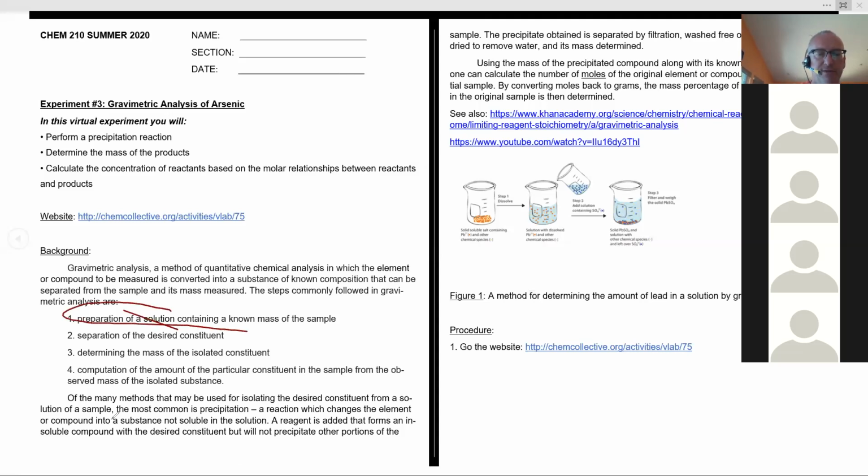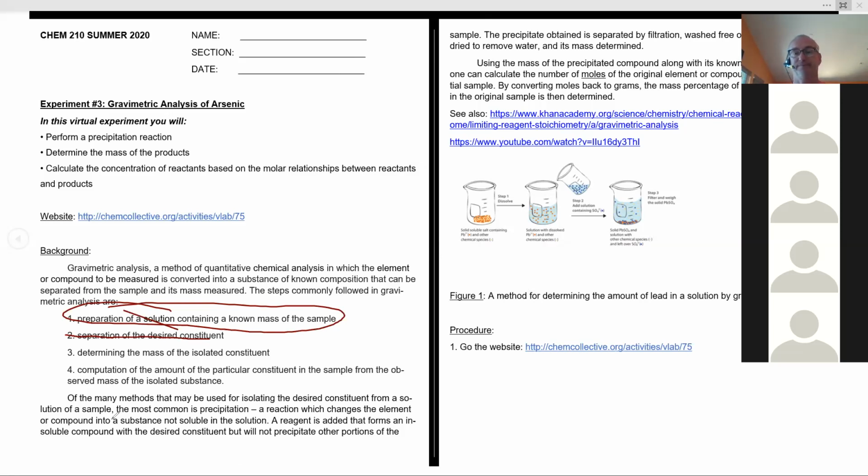We're going to have a solution that has our sample in it. We're going to have a solution that has a known concentration of the metal that will help precipitate our unknown. And our unknown is the arsenic. And then we're going to separate that constituent. That separation is going to happen by gravimetric means.